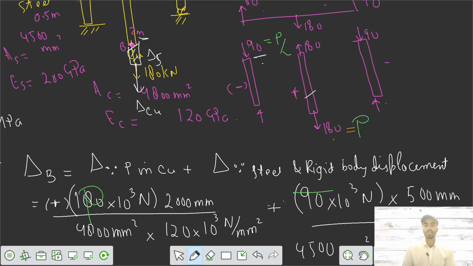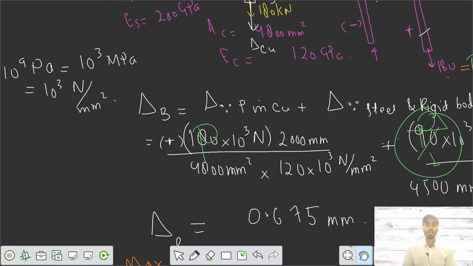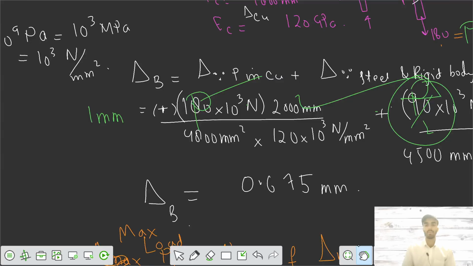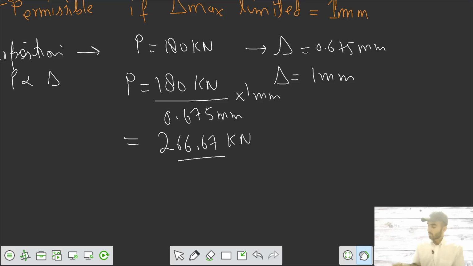You can write it as P by 2 L by A E. And the final deflection you already know, the net value is 1 mm. You can get the value of P. That way you can also solve. Next question.